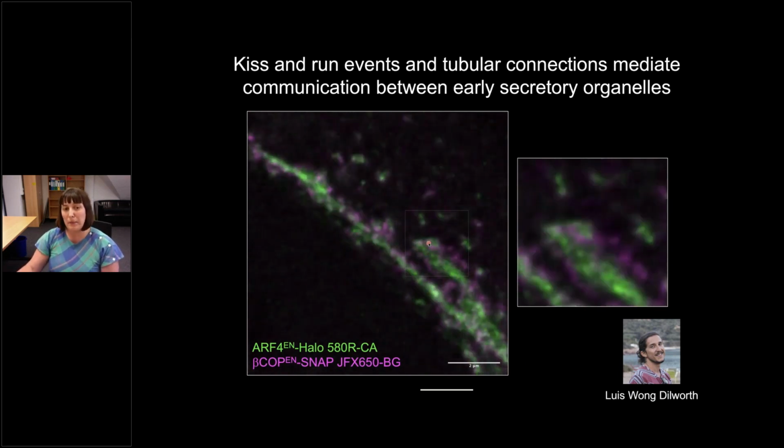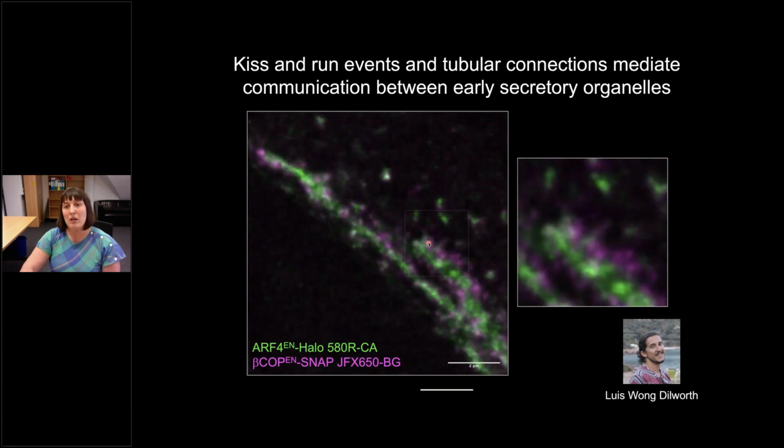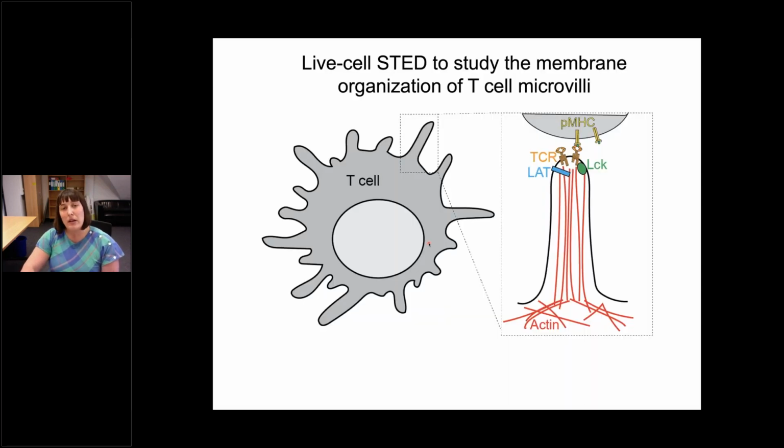One last example: we are also using live-cell STED to study the membrane organization of T-cell microvilli. Microvilli are membrane protrusions in T cells which have been shown to be very important for immune response and downstream signaling. Important signaling molecules, for example the TCR, have been shown to be enriched in the tip of these microvilli.